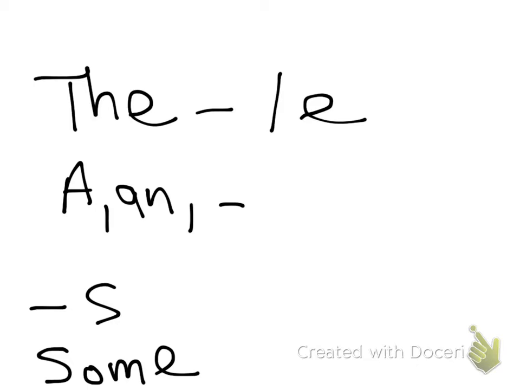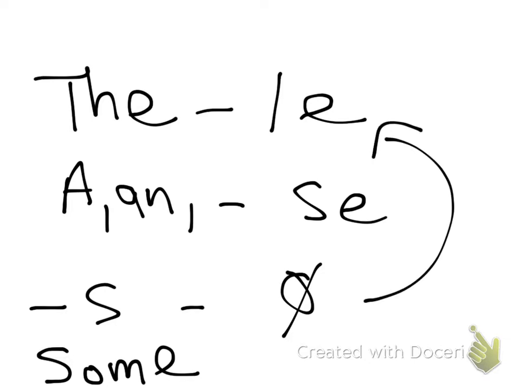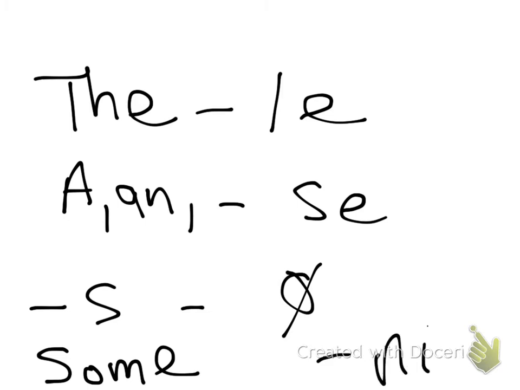An, or any of one thing would be taking away the le, so I just have that. If I add an S on something and it's specific, then I would just take away the le. This is se right here, and then this is the one where you don't have a le. So if I have a plural amount of a noun or noun phrase, then I just take away this le. I have no le or anything else in there. And then some would be ni or nisi.